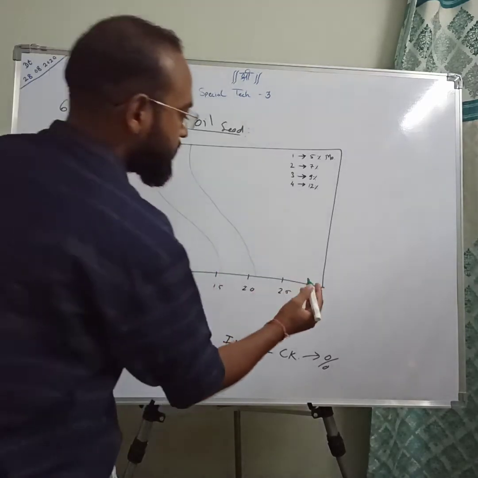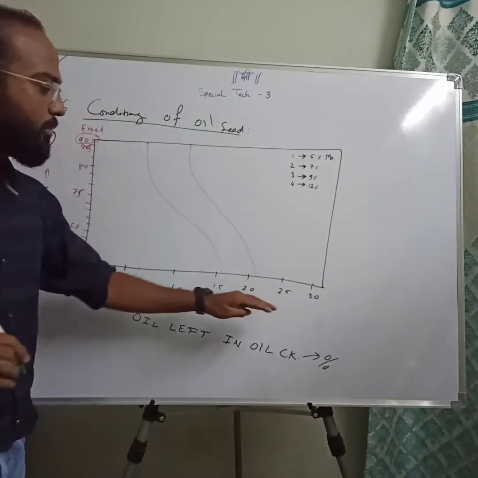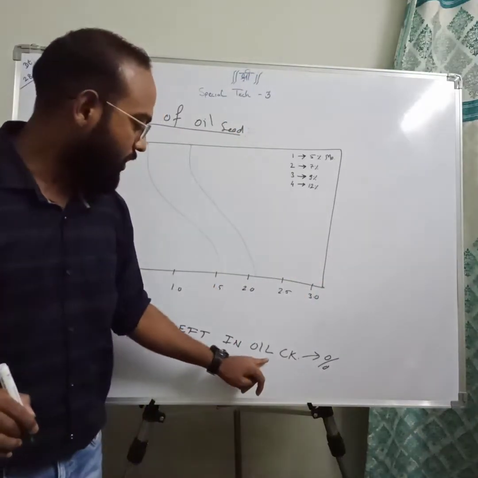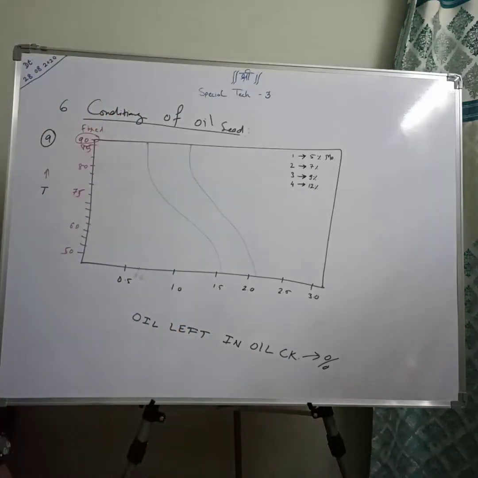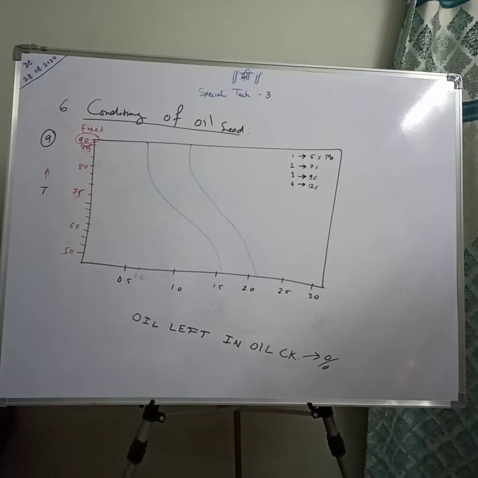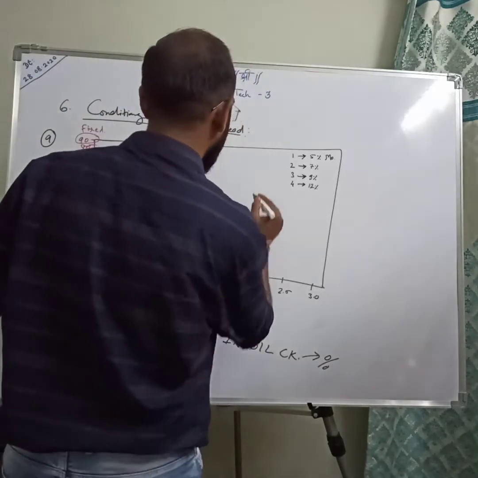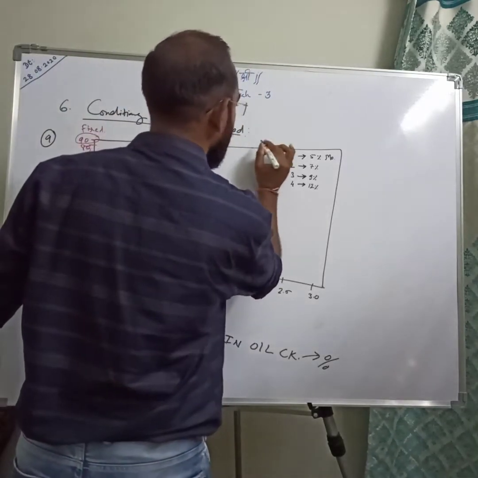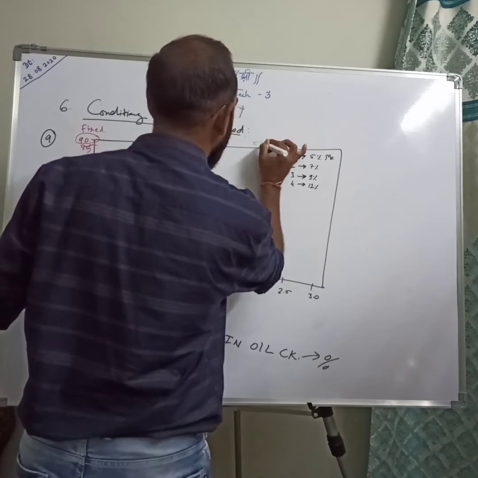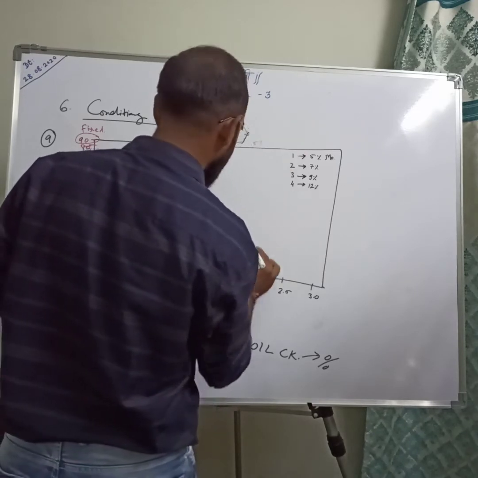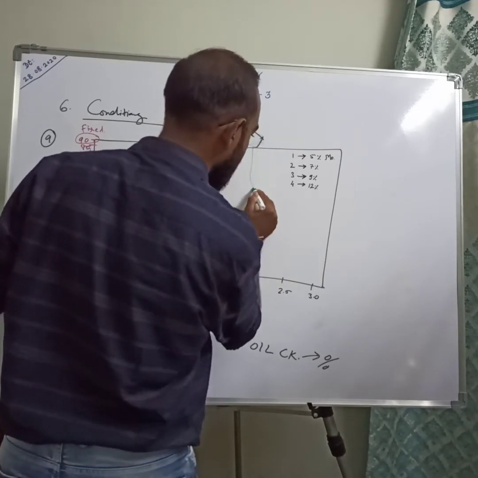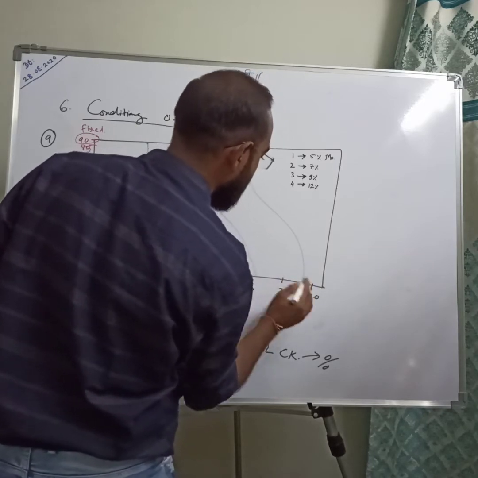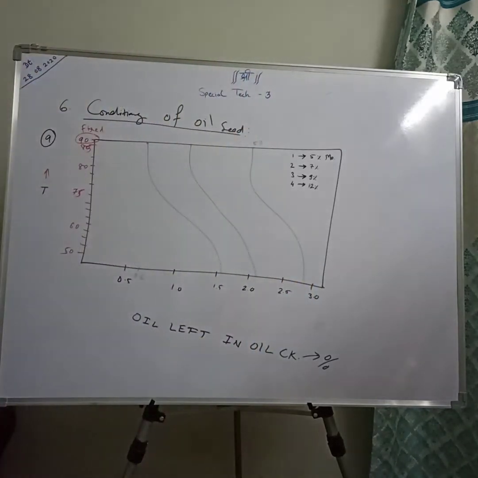The first curve is in between 2.5 to 3%, meaning the highest amount of oil present in the oil cake, and it will end around 2. So this is your first curve with 5%.